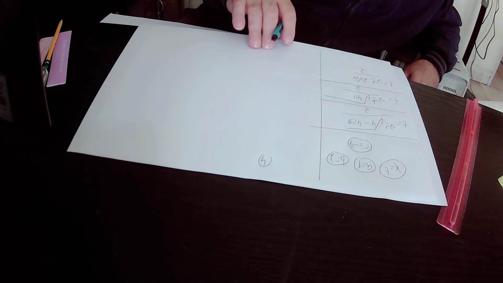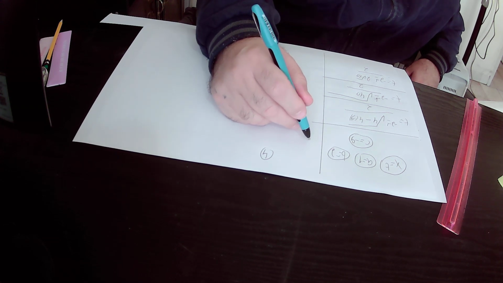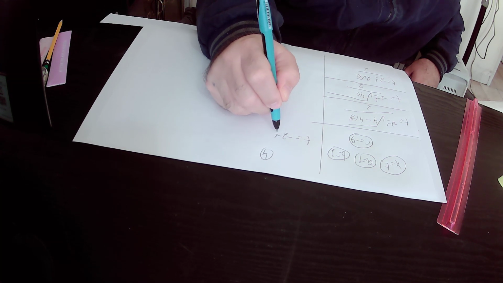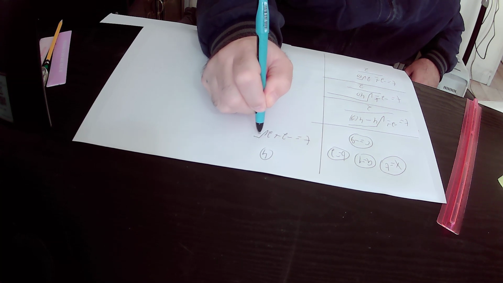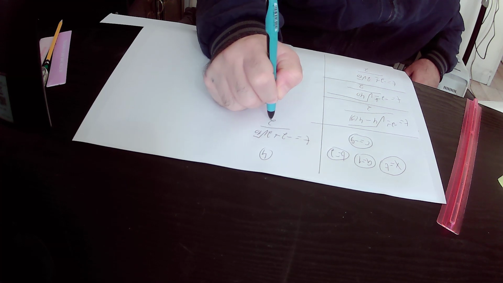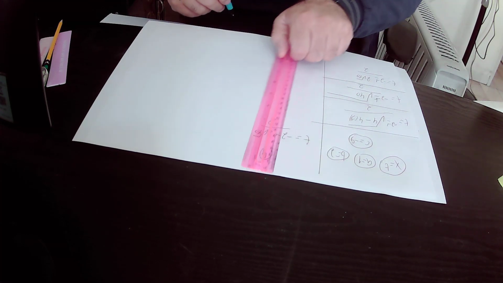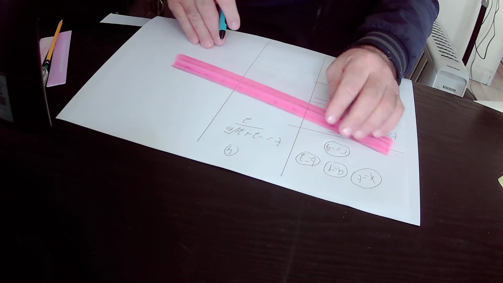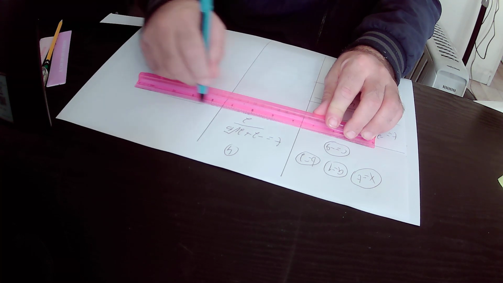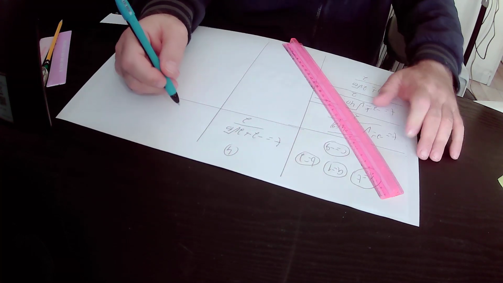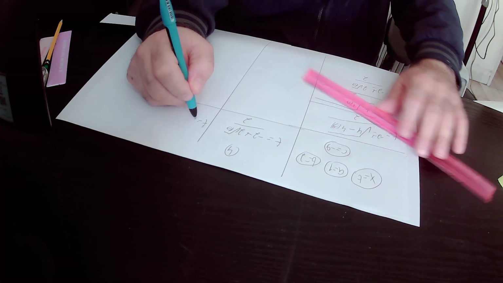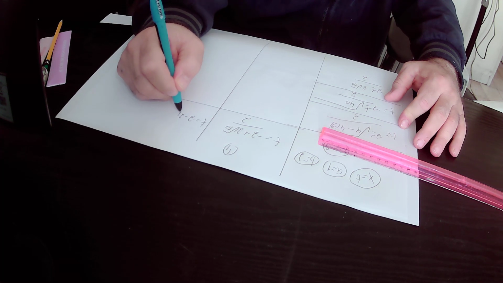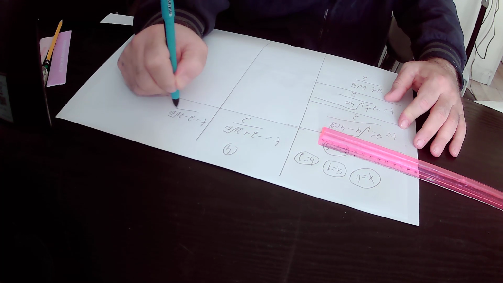The first solution is that t equals minus 2 plus 2 times the square root of 10 over 2. And the second possible solution for t is that t equals minus 2 minus 2 times the square root of 10 over 2.